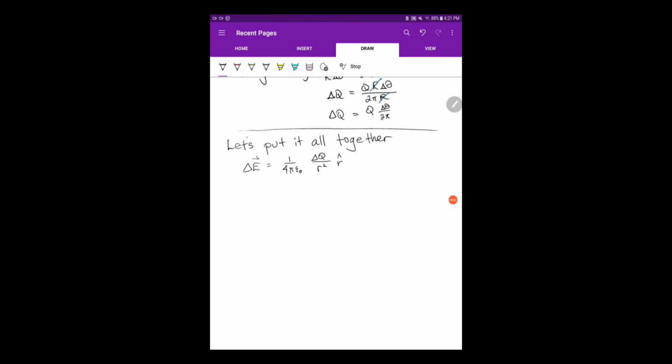Okay, let's put all the pieces together. We have this form for the point charge, 1 over 4 pi epsilon naught delta Q over r squared in the r hat direction. And we've already found what r squared and r hat are, and we just found what delta Q is, so we can just plug all those things in.